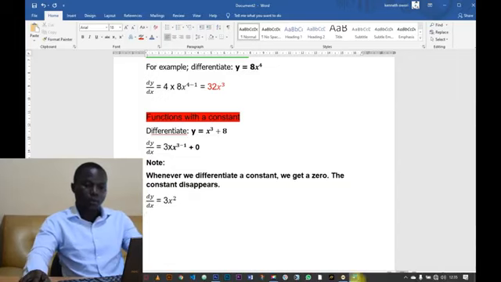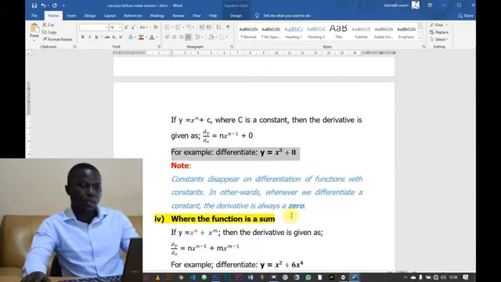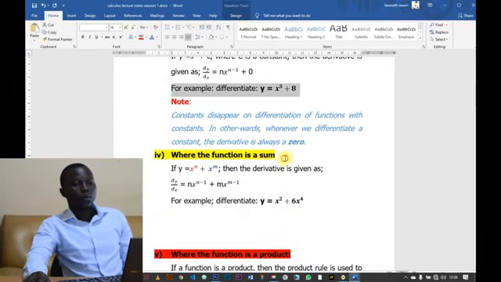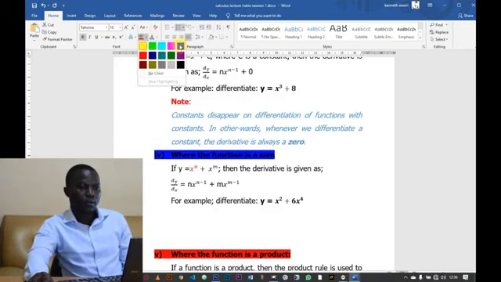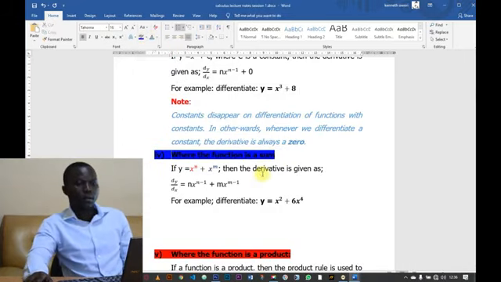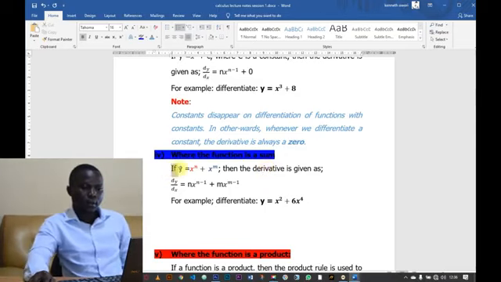So we can now get to another rule, rule number 4. Those are 3. Let's look at rule number 4, where the function is a sum. We find that if a function is a sum, there is no big difference from the basic rule or from the rules we've looked at previously.